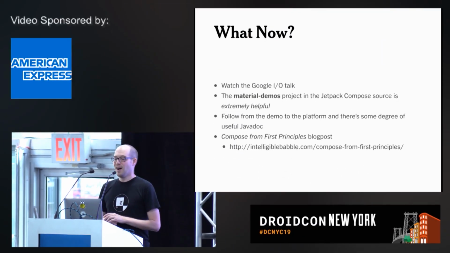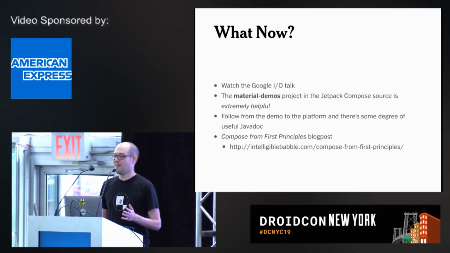It's written by a Googler on this platform team, and it's pretty enlightening. And also, I would encourage you to stick around in this room because there's yet another Compose talk right after mine. And I'm excited to hear some perspectives that might be different than what I've told you here. Since this is all about trial and error, I'm curious what they tried and how it was different from what I did.